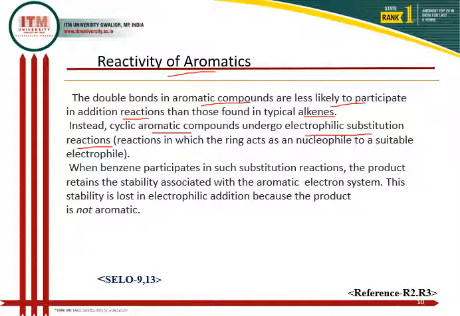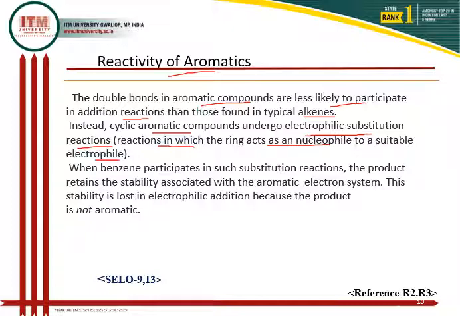These are reactions in which the ring acts as a nucleophile. You all know what a nucleophile is. Nucleophile is the electron rich species and electrophile is the electron deficient species. So electrophile is electron loving, and nucleophile is nucleus loving.